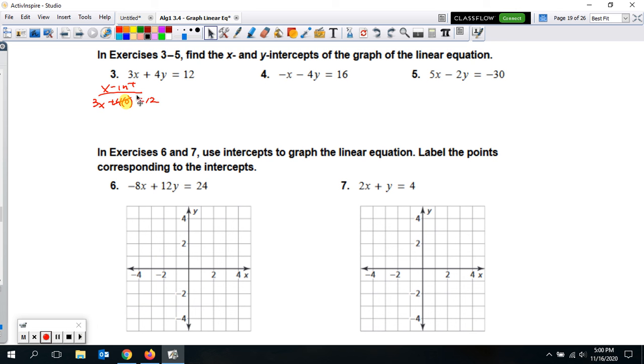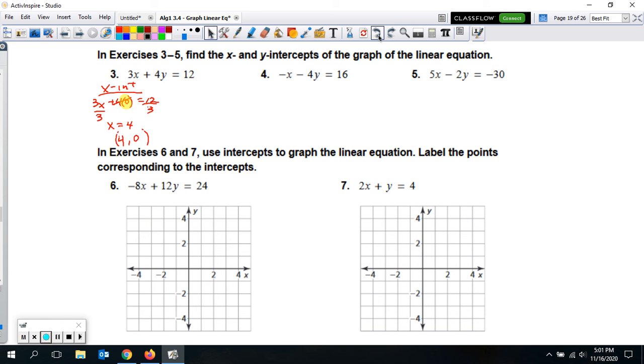I usually just cross that out at this point, and then we can just divide by 3 from the 3x and the 12. To solve for x, I just need to divide by 3. That cancels the 3's here, leaving me with x by itself. 12 divided by 3 is 4. So x equals 4, so the x-intercept is 4.